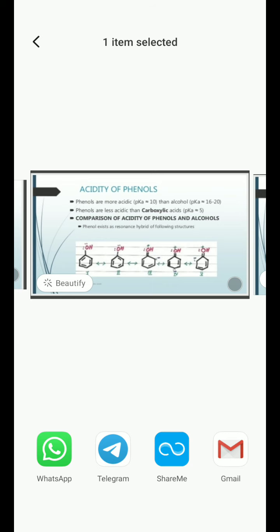Generally, compounds that release H plus are known as acids, whereas compounds that possess the OH group, like NH4OH or NaOH, are basic in nature. But in phenol, although it contains an OH group, it is acidic in nature. Why does phenol, having an OH group attached to the benzene ring, behave acidically?